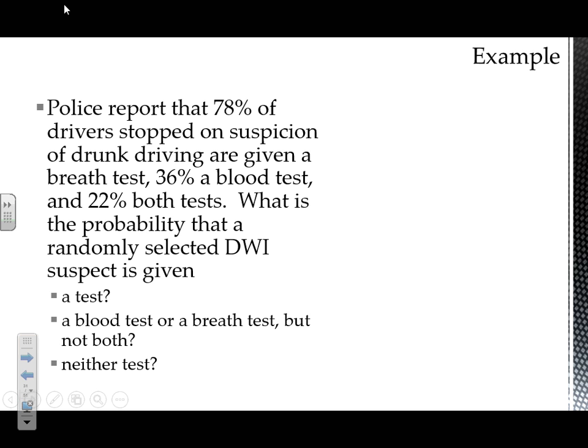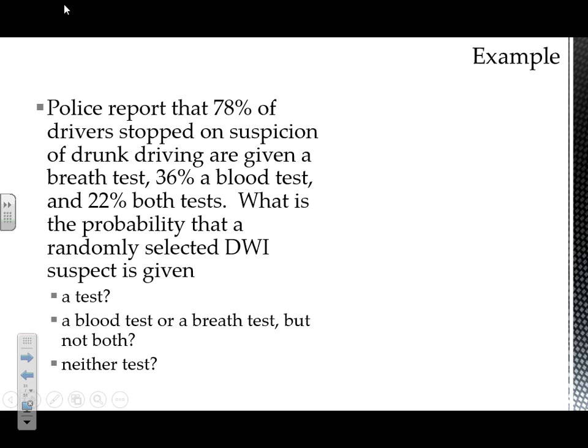Police report that 78% of drivers stopped on suspicion of drunk driving are given a breath test. 36% are given a blood test, and 22% are actually given both tests. We want the probability that a randomly selected DWI suspect is given, first, a test in general, second, a blood test or a breath test, but not both, and then neither test.